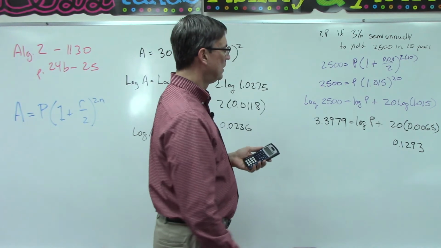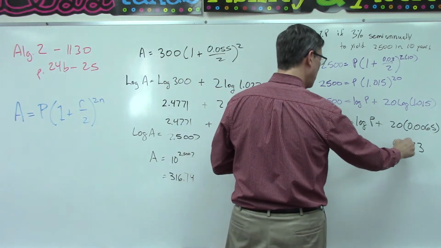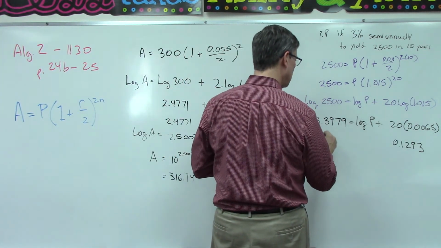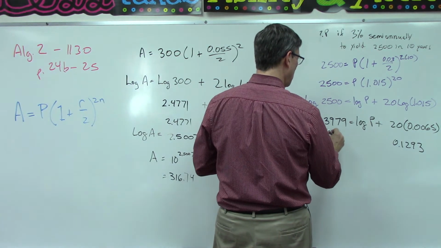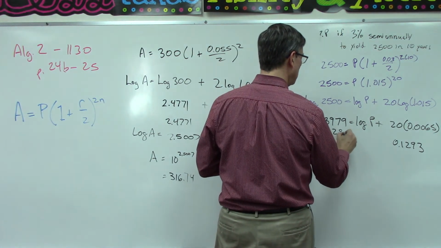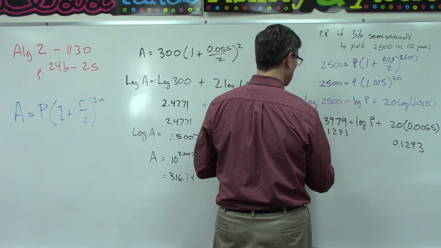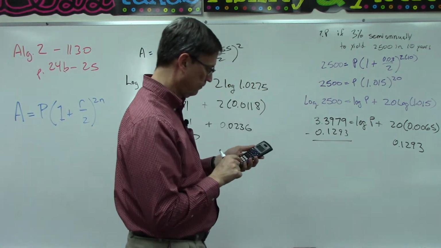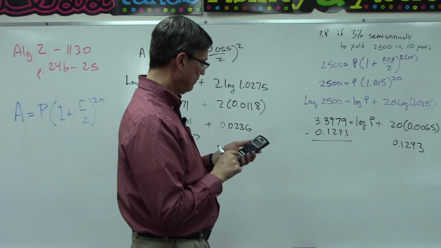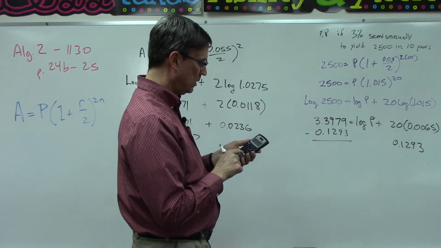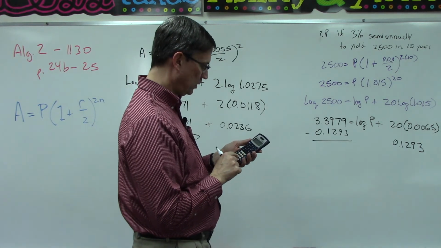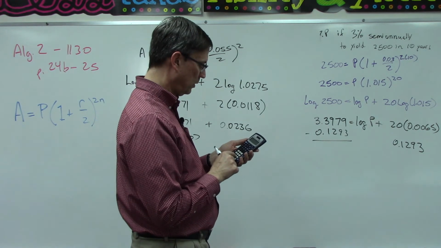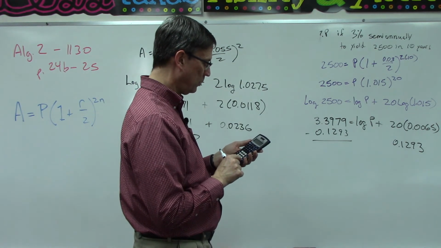All right, now we're going to subtract this from this. 3.3979 minus 0.1293. I probably could have done this just in my head, but I've got my calculator, and I don't want to have to borrow.